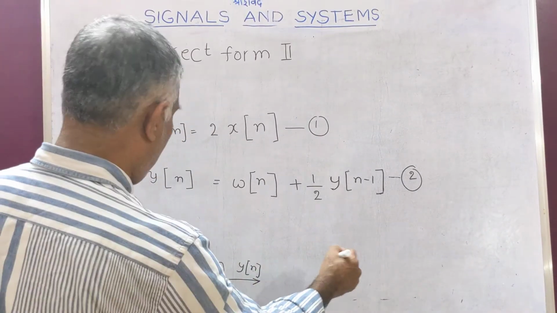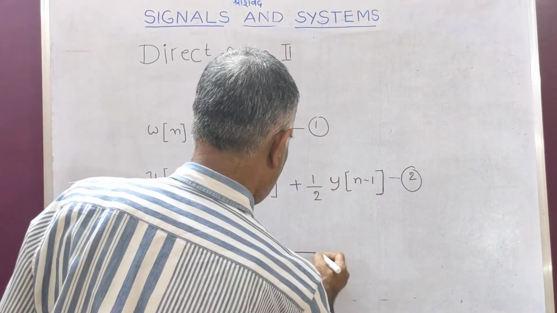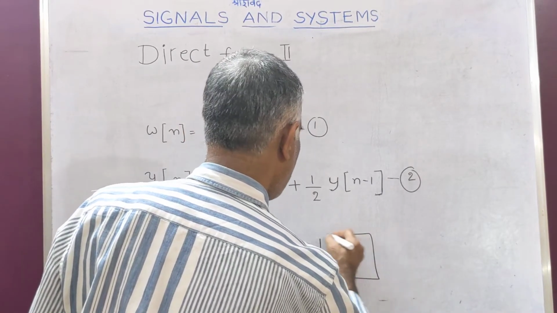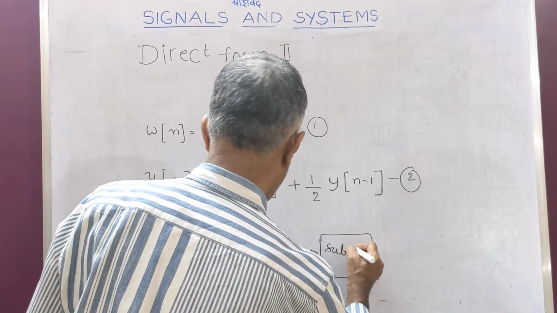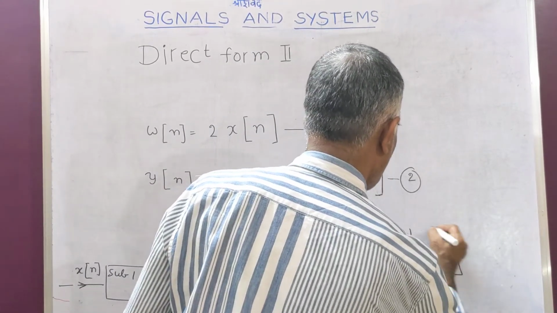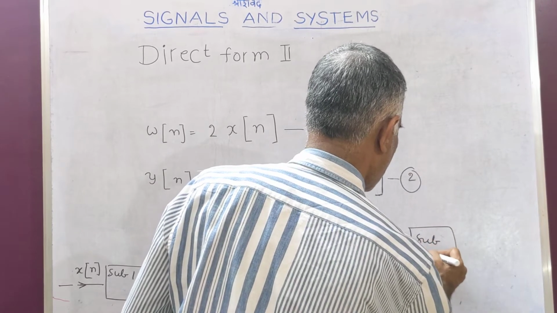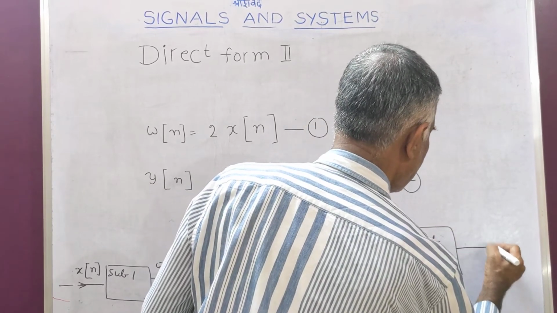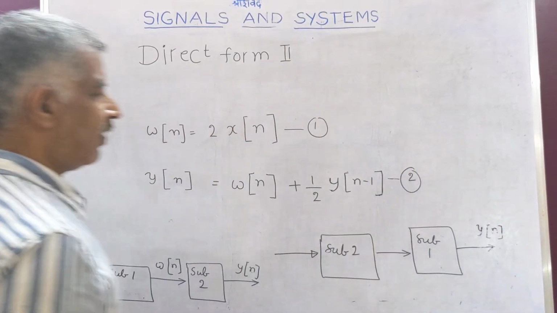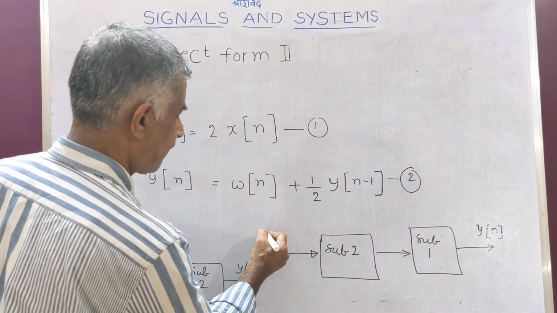Now I will draw the implementation. The implementation is, now this is subsystem 2 and this is subsystem 1, and this is y of n and this is x of n.